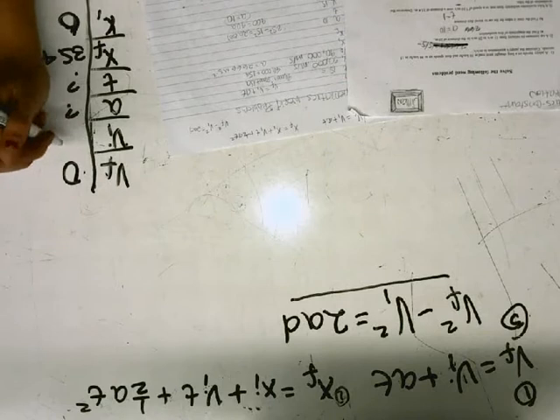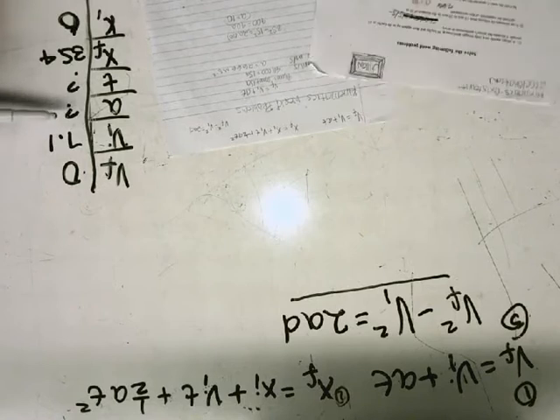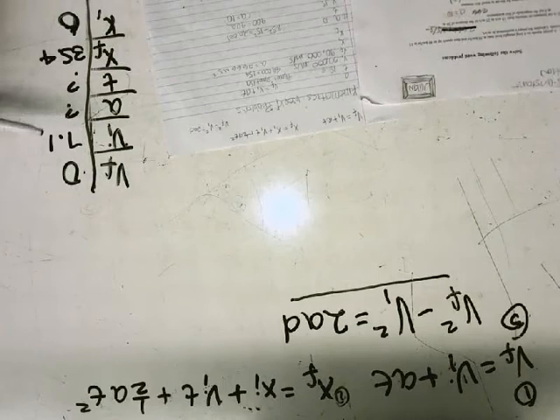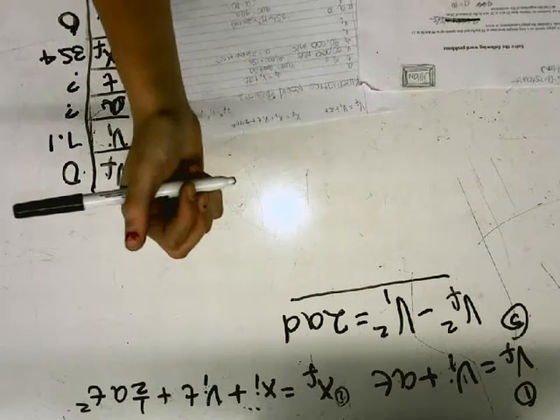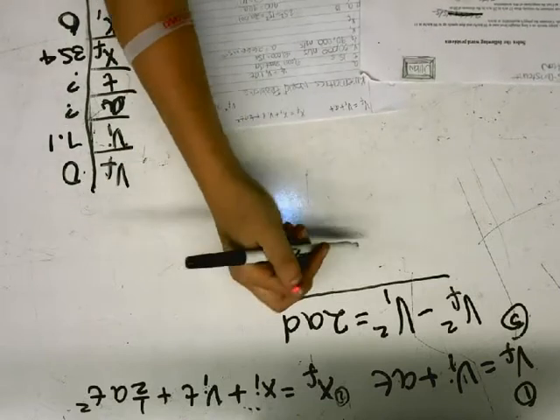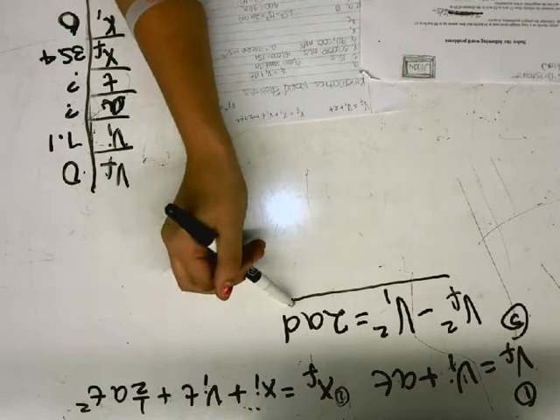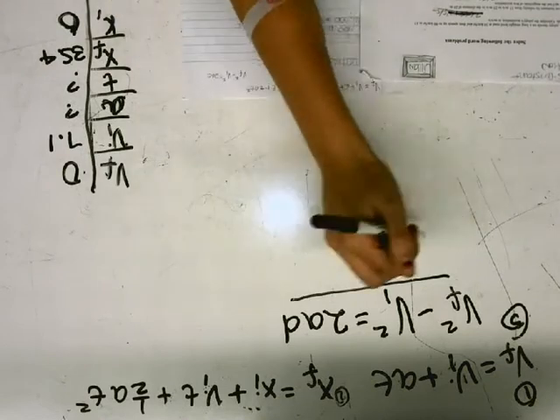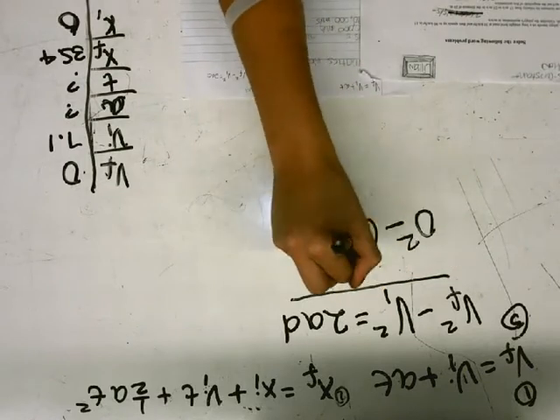So I'm going to be using actually this third key equation again. So I'm just going to start plugging in values. 0 squared minus 7.1 squared is negative 50.41.